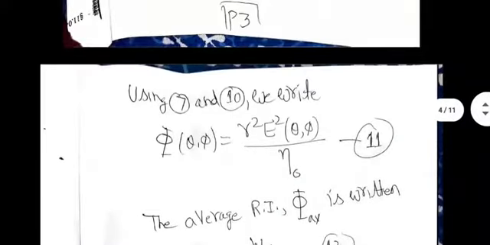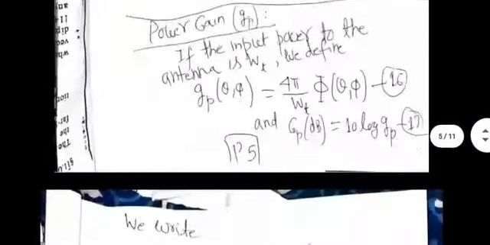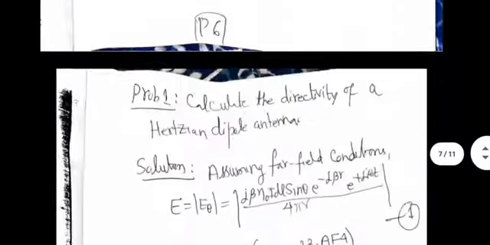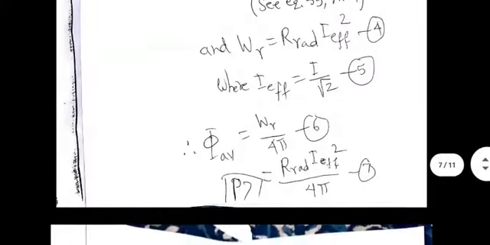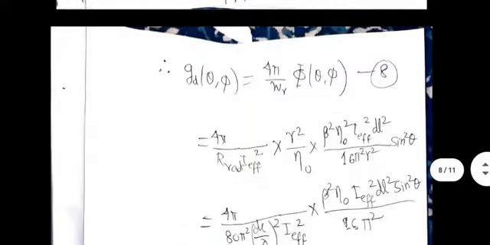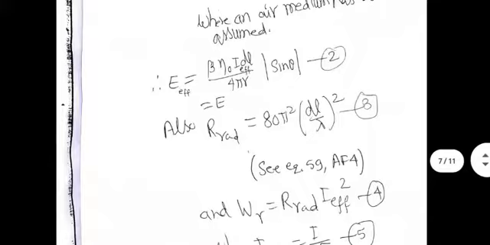Yeah, this equation 11. I know the E value for a Hertzian dipole, so I'm putting that in and I'm reusing this equation there. You'll have to practice all this a little bit to feel comfortable with these derivations. So I'm plugging in those values. E square has been used here based on E that I have calculated here in equation 2.